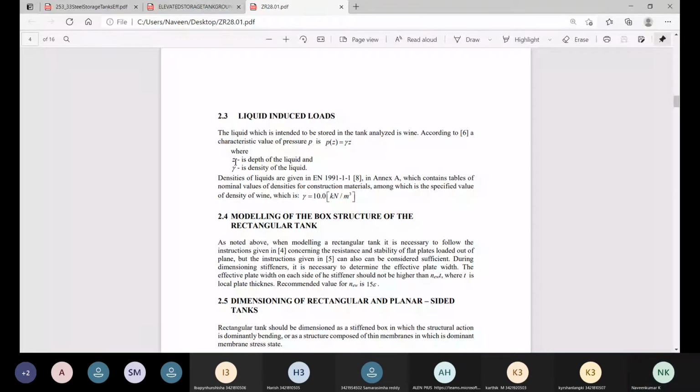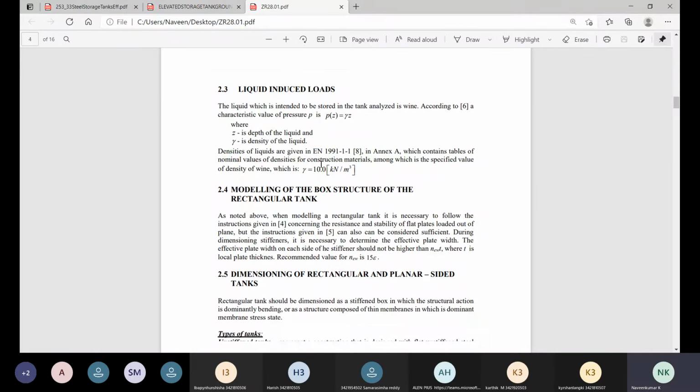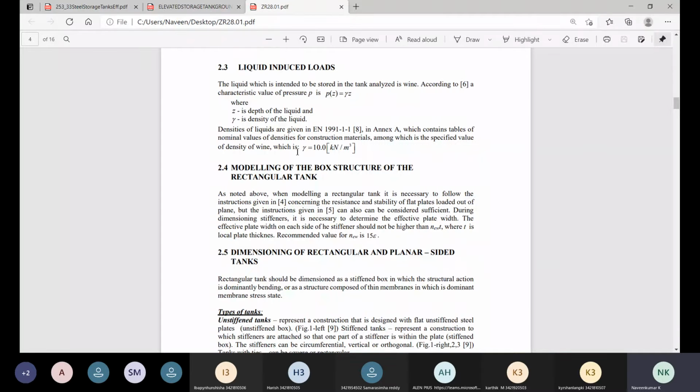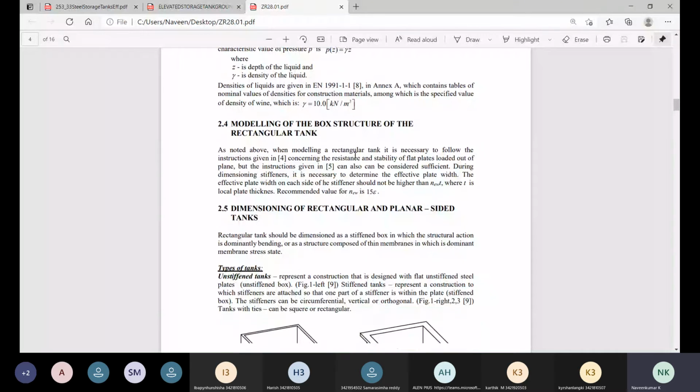So the liquid load depends upon these two factors: density as well as the depth of the liquid stored. Below, they have given the density value of water, which is 1000 kg per cubic meter.